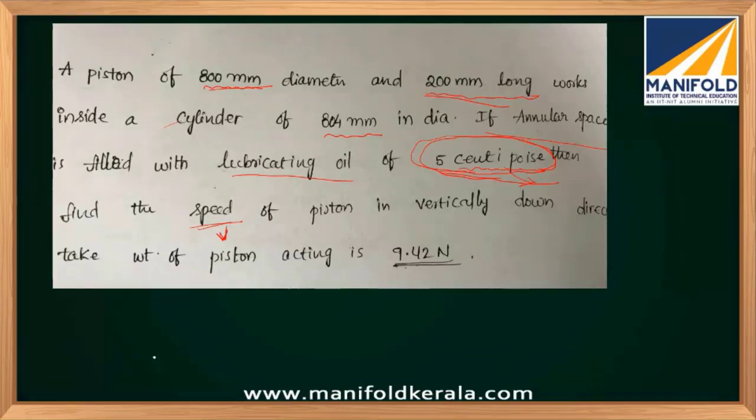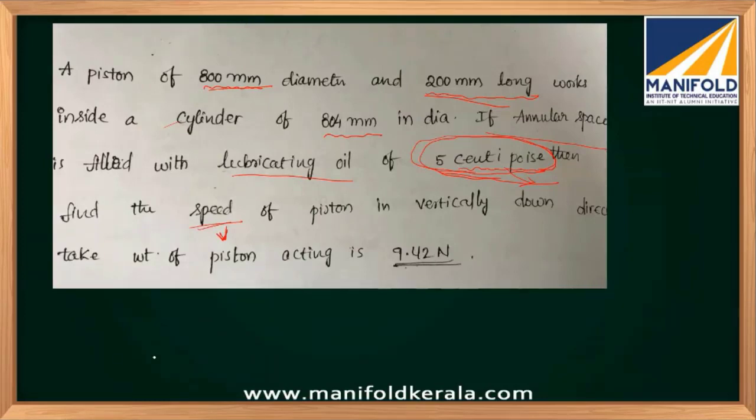If the annular space is filled with lubricating oil of 5 centipoise, 5 centi is 10 power minus 2 poise, to Newton second per meter square is into 0.1, that becomes 10 power minus 3. He is asking to find out the speed, that is velocity, if the vertically downward force is 9.42 Newton.